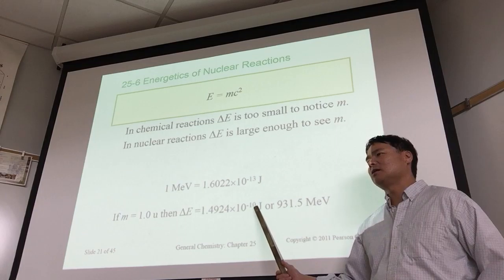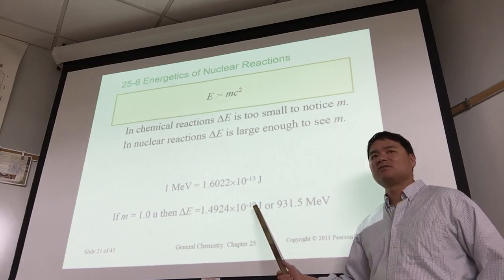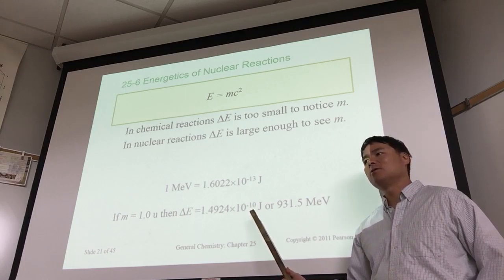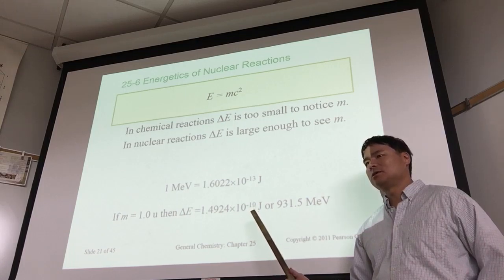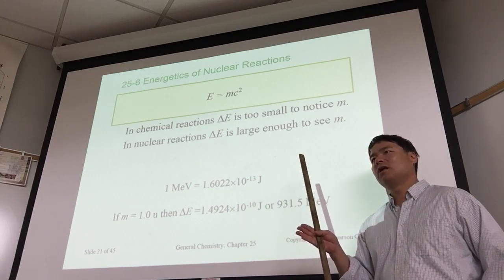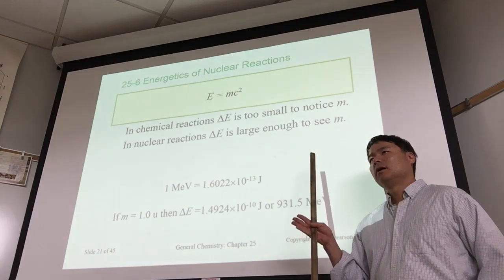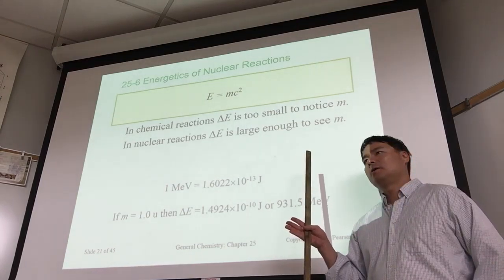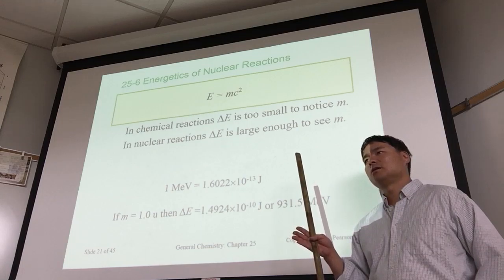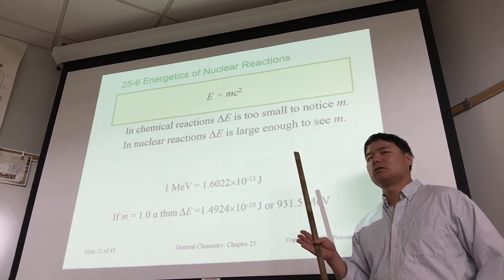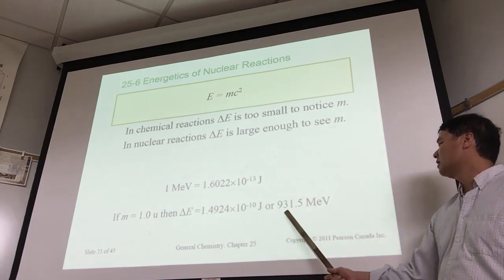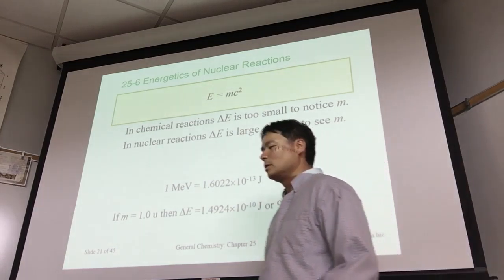So 10 to the minus 10 becomes 10 to the positive 13 joules per mole, which is over a trillion joules. It's huge. Or 931 mega electron volts per nuclide.